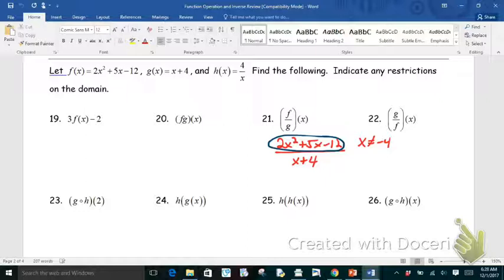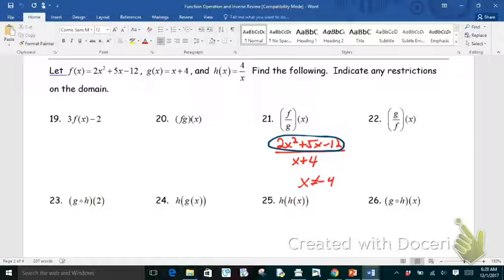Again, x not equal to negative 4 is still part of the answer, but we need to make sure that we list that. So again, I'm not working that one all the way through, I just wanted to set it up. I'll list this down here: x cannot equal negative 4.